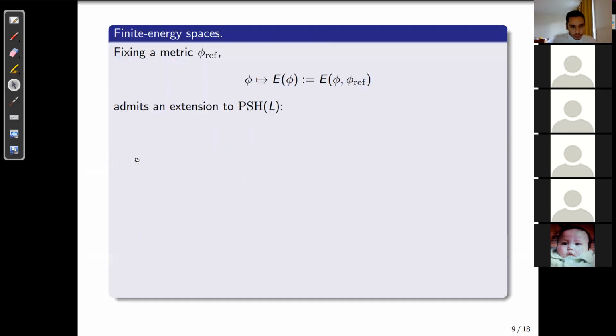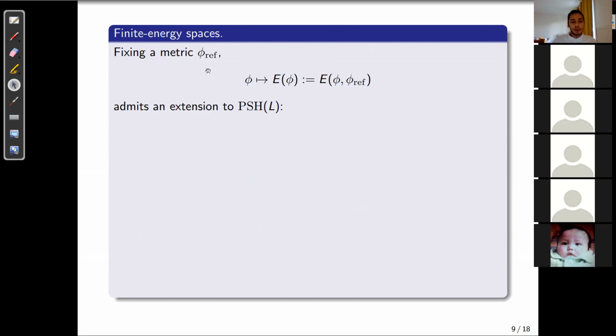And so, this is going to allow us to define what we'll call the finite energy spaces. So this is very classic in the complex case, but this is sort of new in the non-Archimedean case.